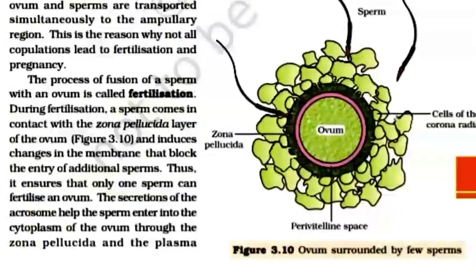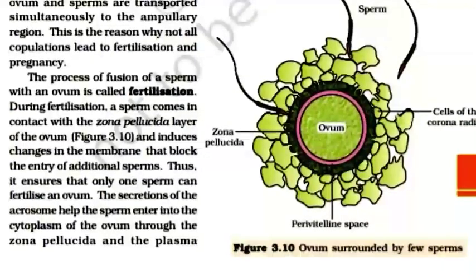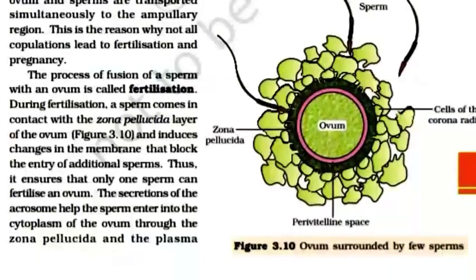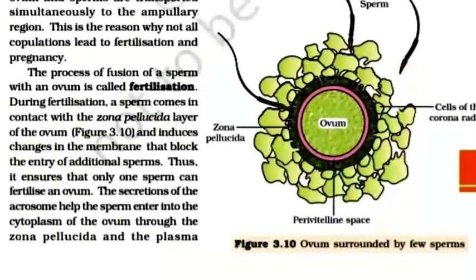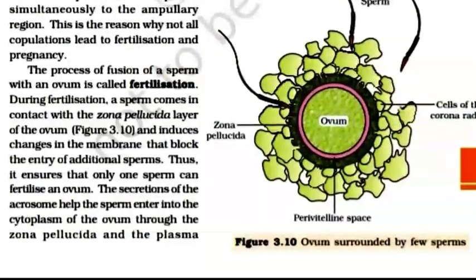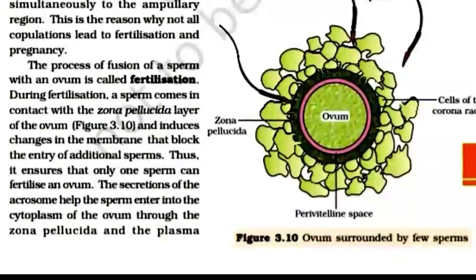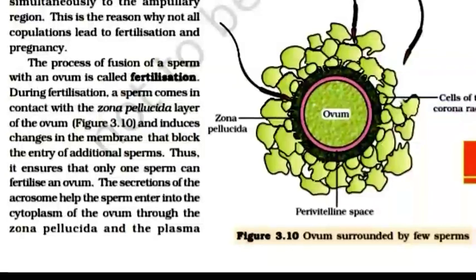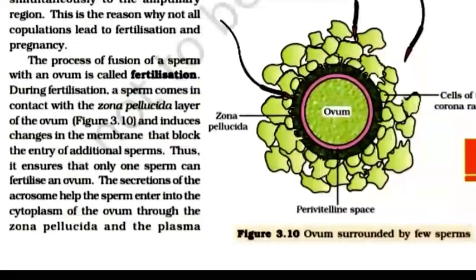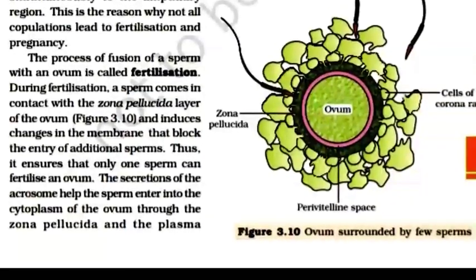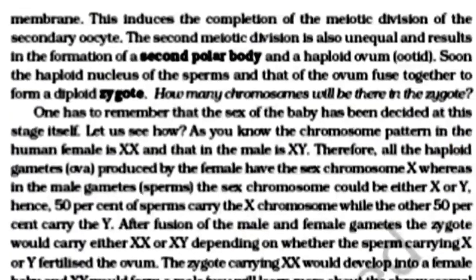Thus, it ensures that only one sperm can fertilize an ovum. The secretion of the acrosome helps the sperm enter into the cytoplasm of the ovum through the zona pellucida and the plasma membrane.